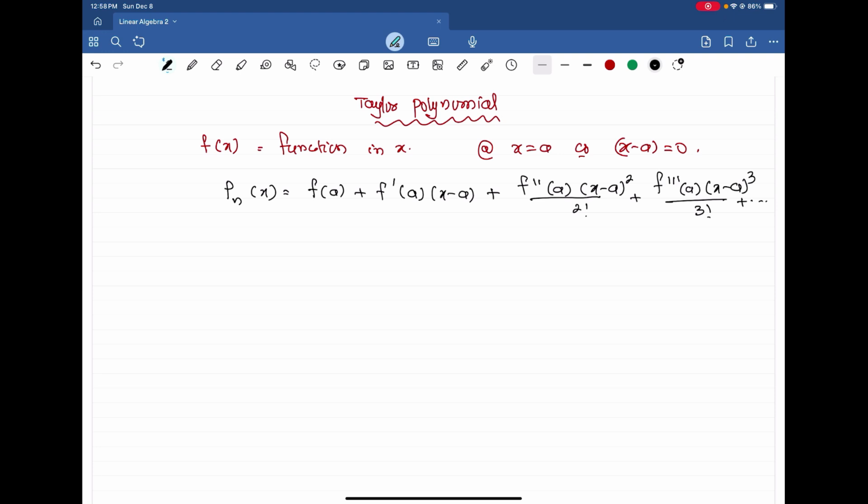For example, a is equal to 0. Put a is equal to 0 in above. What happens? Let us see.